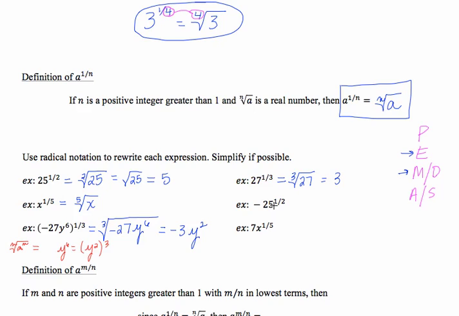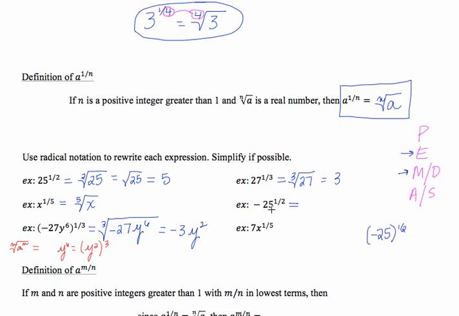So this half gets applied to the 25 before we multiply by this -1 out front. So first we apply the half to the 25 and the negative hangs out front. In other words, this is not the same as -25 all to the half. Those are two different things.